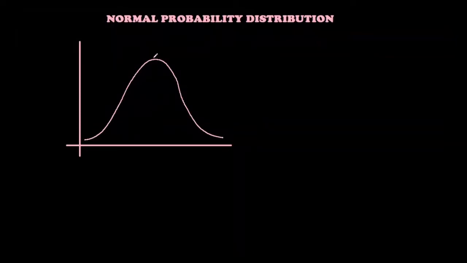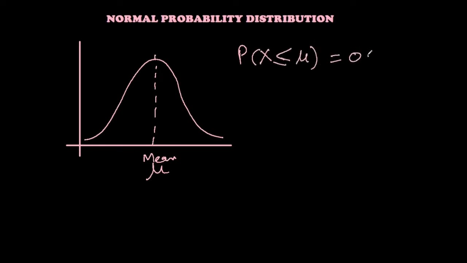In a normal probability distribution, the middle peak is at the mean, which is denoted by mu. So if we want to find the probability where x is a variable and it is less than or equal to the mean, the probability is always 0.5.